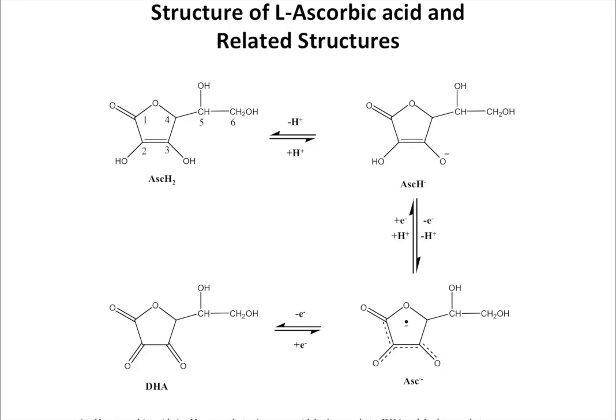It's going to give them up to free radicals. So free radicals that are formed on lipids, proteins, or wherever it may be. One molecule can give up 2 protons, so it can neutralize 2 free radical species. So that's really important. One molecule of ascorbic acid can neutralize 2 free radical species.